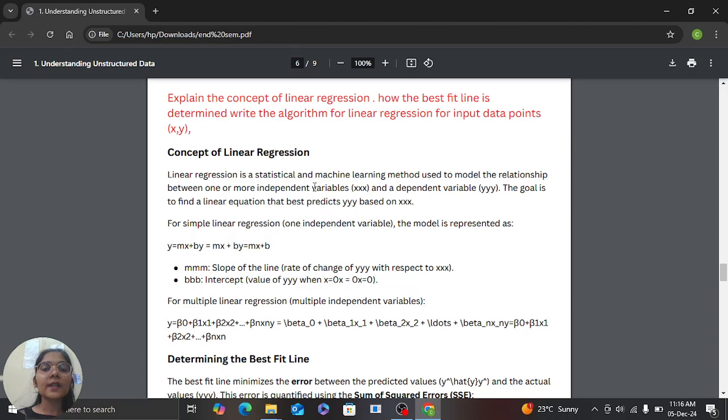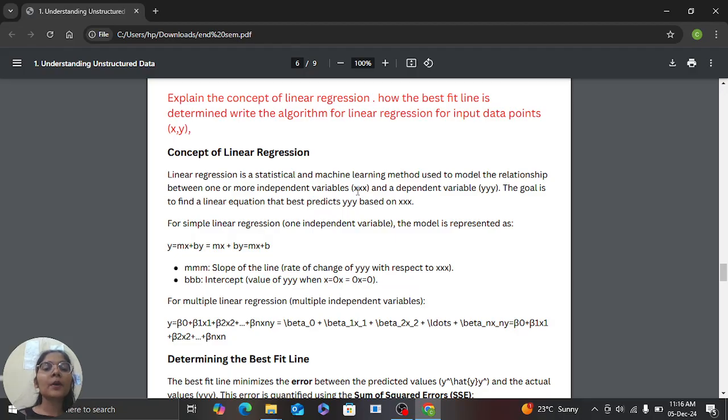Linear regression is a statistical and machine learning method used to model the relationship between one or more independent variables and a dependent variable. There are two variables on which linear regression is based, x and y, in which x is the independent variable and y is the dependent variable.